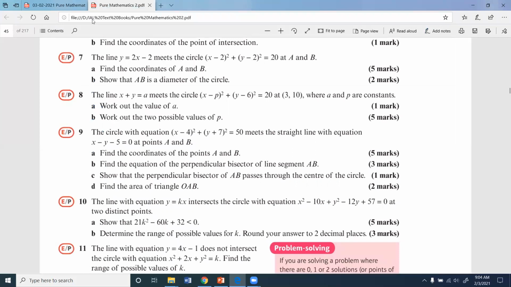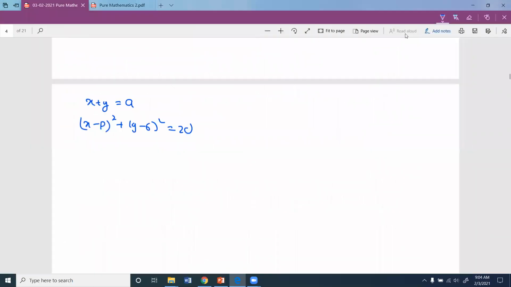Yeah, that one. So it meets at (3, 10). This is 20. Then we need to find the value of a and p.